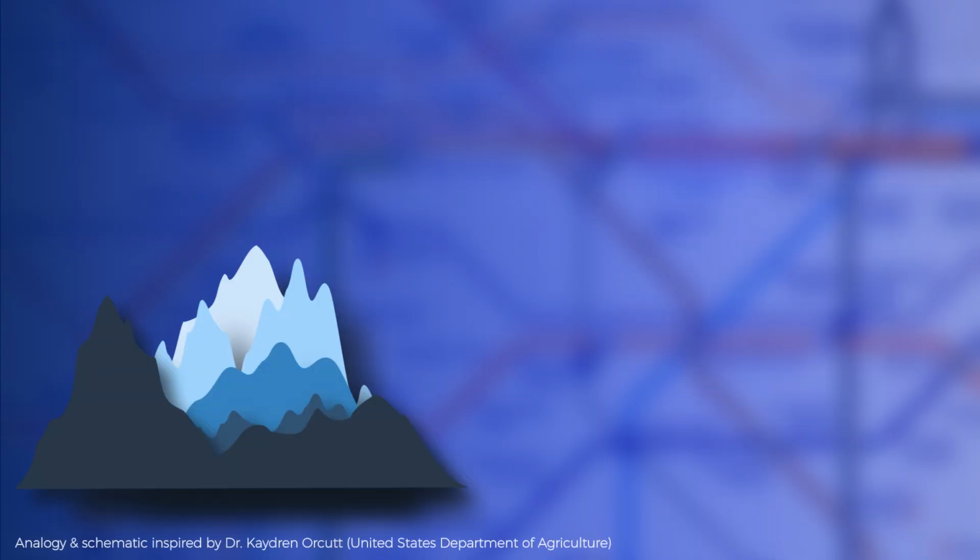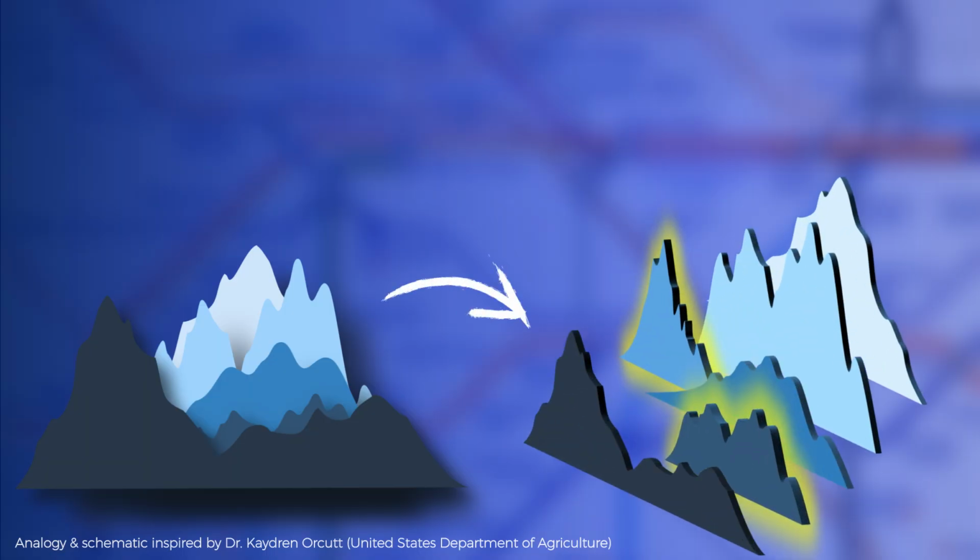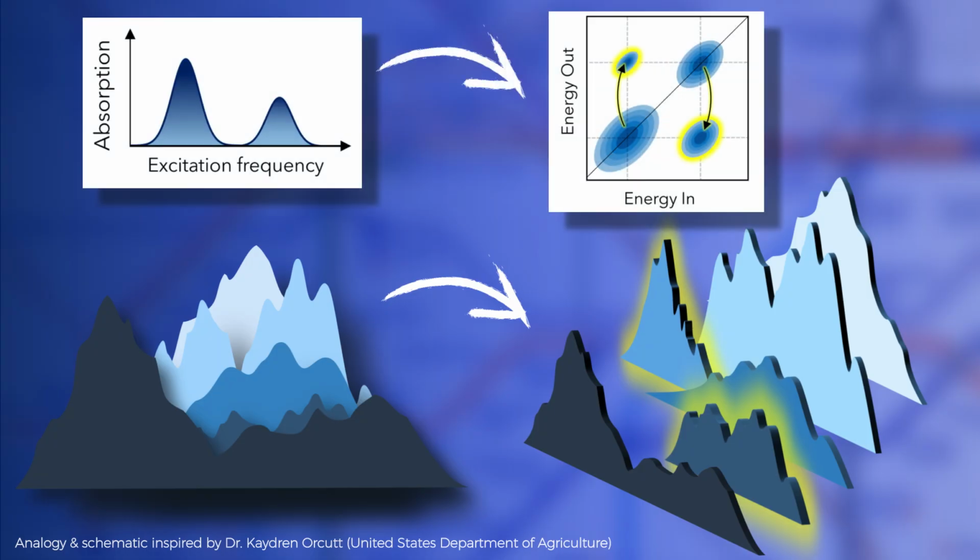You can think of this like viewing a mountain range. When viewed from only one side, it's possible that some peaks are hidden behind some of the peaks in the foreground. But by shifting our perspective, we can gain a more holistic picture of the mountain range in its entirety. Similarly, multidimensional spectroscopy provides a holistic picture of how energy moves within a material or chemical system.